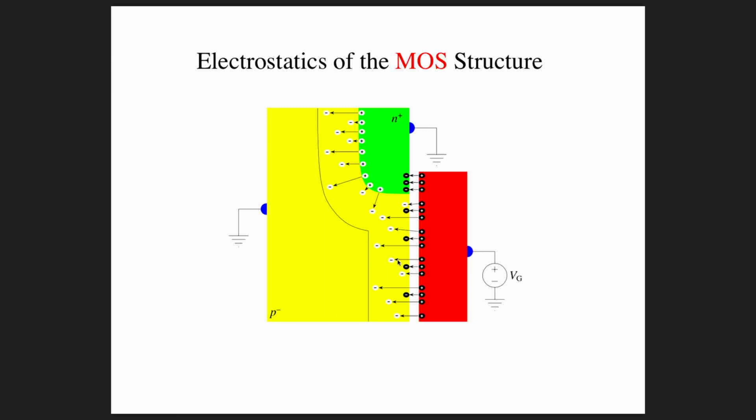And then strong inversion is when the number of mobile electrons in the channel, in the inversion layer, greatly exceeds the number of ionized acceptors per unit area in the depletion layer. So that's called strong inversion and correlates to above threshold in terms of the threshold language.